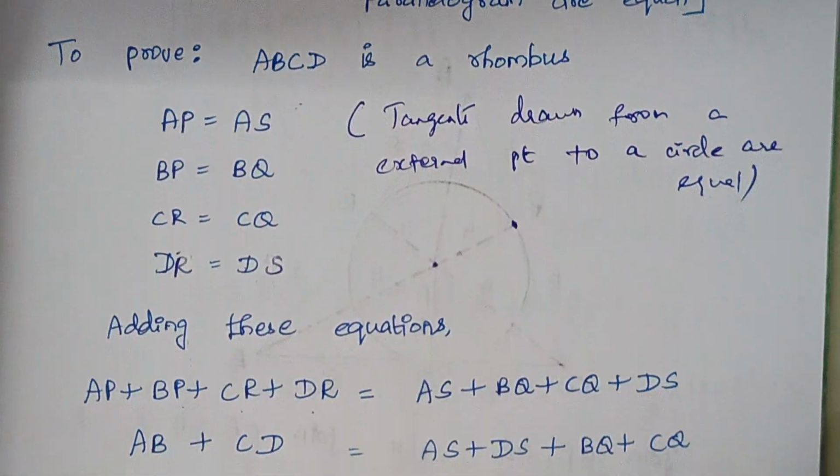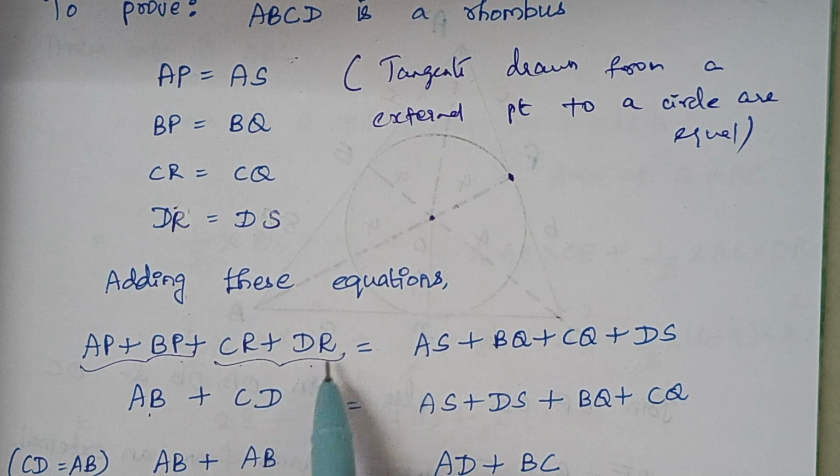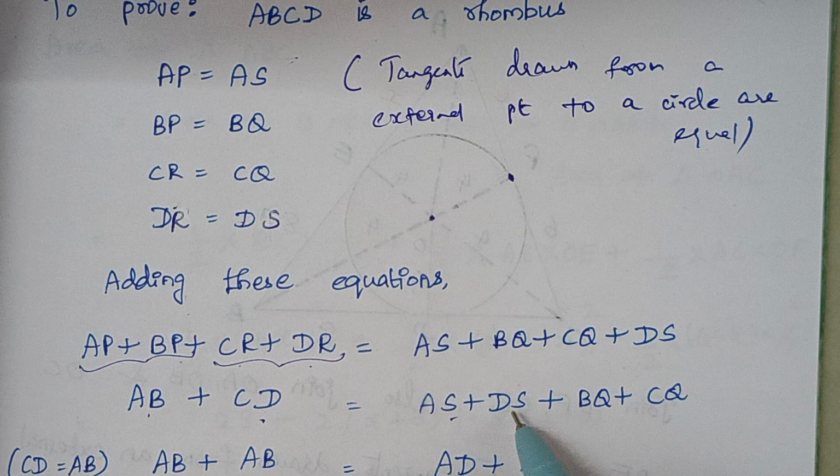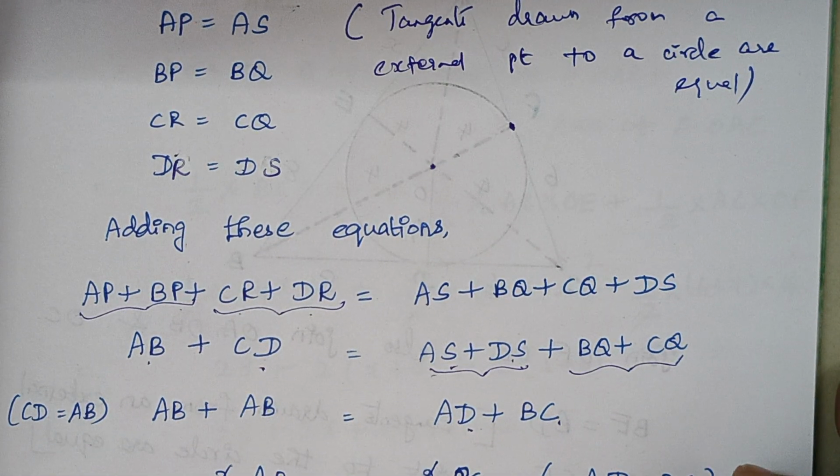Similarly, AS and DS together become AD, and BQ plus CQ becomes BC.